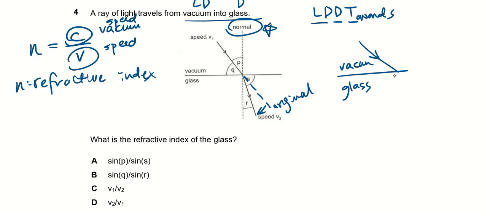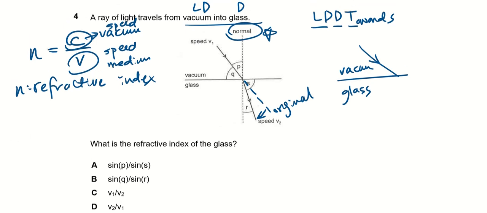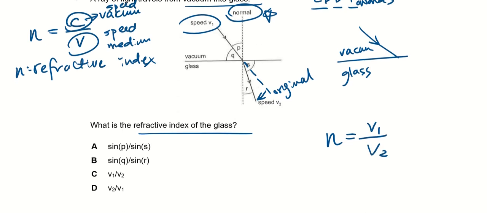So v is the speed of light in the medium, and c represents the speed of light in vacuum. They want us to find the refractive index, and we see that this is v1, the speed of light in vacuum. They want the refractive index of glass, so n equals speed of light in vacuum, v1, over v2, and we straight away have this answer of C.